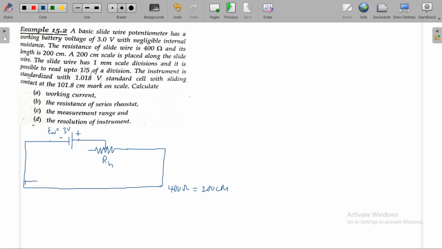So you are going to have scale. The length of this is 200 centimeters.